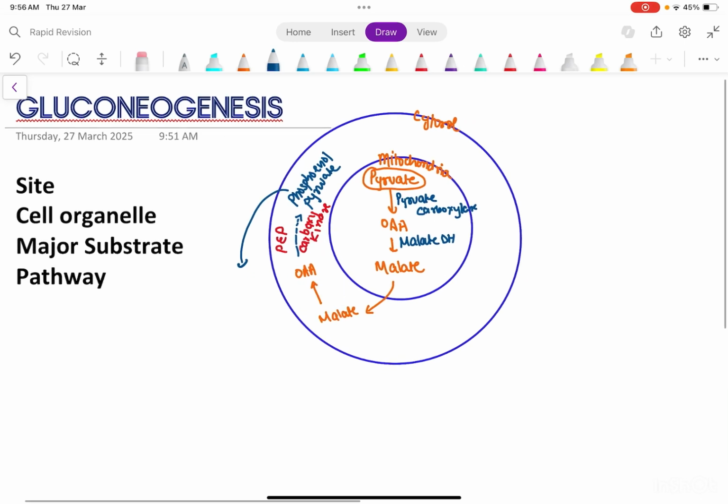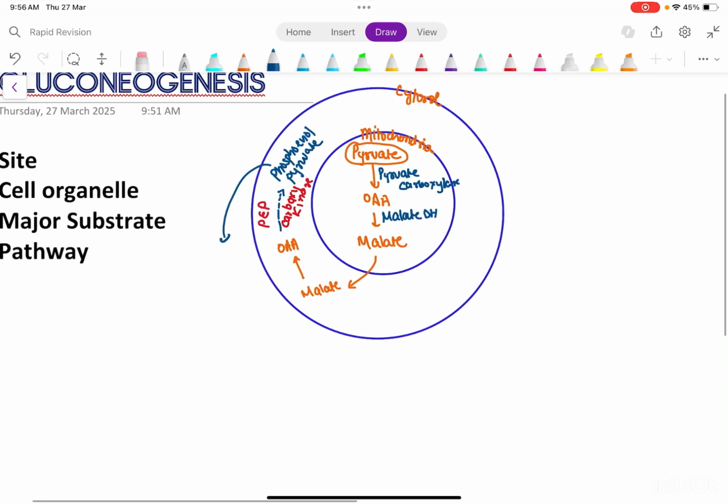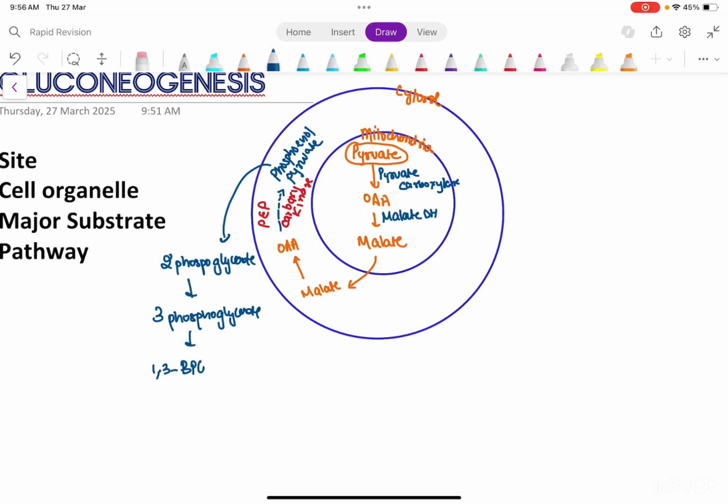Now all of the other reactions further occur in the cytosol. Now I'll just enlist the steps that occur in cytosol. So basically we have to reverse the glycolysis. Okay, so see, pyruvate is now converted into phosphoenol pyruvate. Then this is converted into 2-phosphoglycerate. Then 2-phosphoglycerate is converted into 3-phosphoglycerate. Then we have 1,3-bisphosphoglycerate.